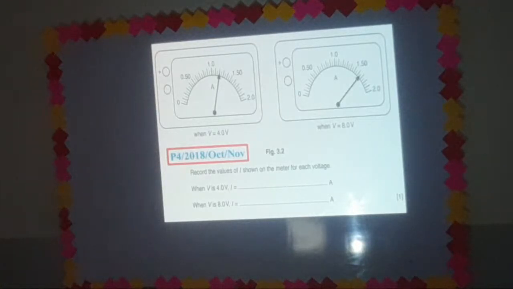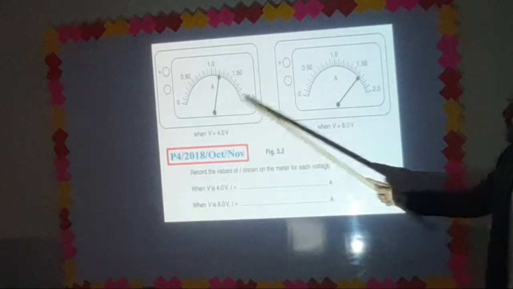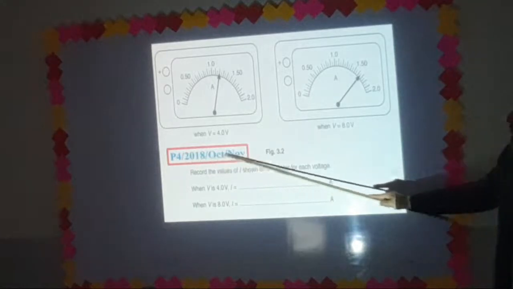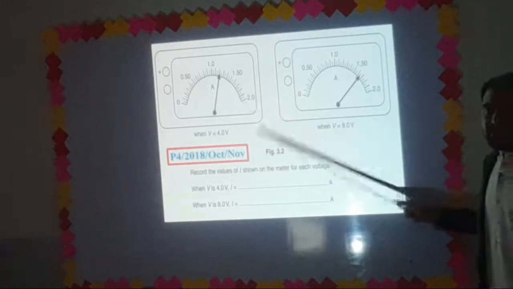Hasnan was saying that the reading is 2.9. Hasnan, the reading is 2.8, not 2.9, because each small division was indicating 0.2. If it is not clear, you must go to P4 2018, October, November. You will find this figure and you can practice there.